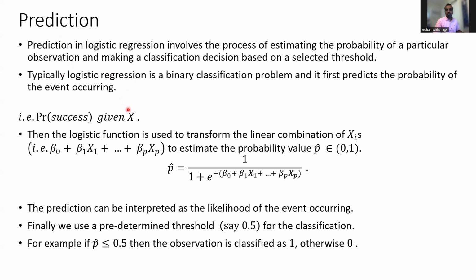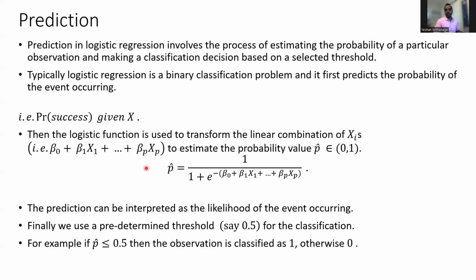In our logistic regression model, we have a binary response variable. The estimated probability can be interpreted as the likelihood of the success occurring. By setting a predetermined threshold value, we can make a classification based on the estimated probability.